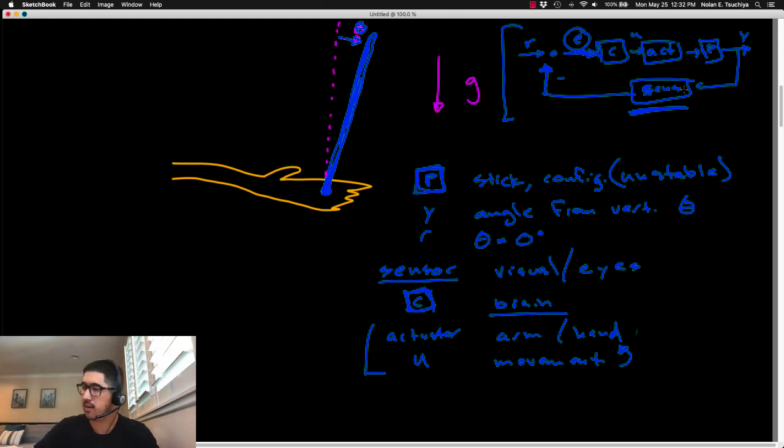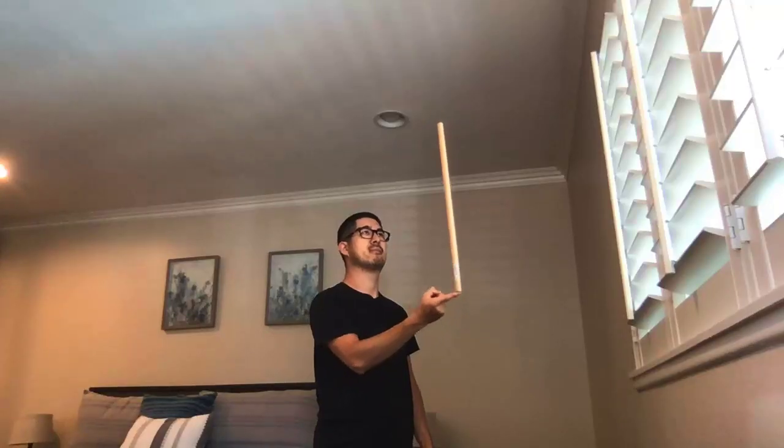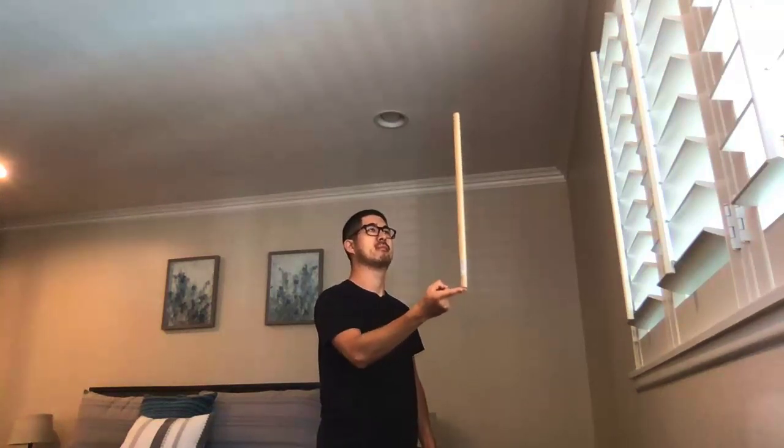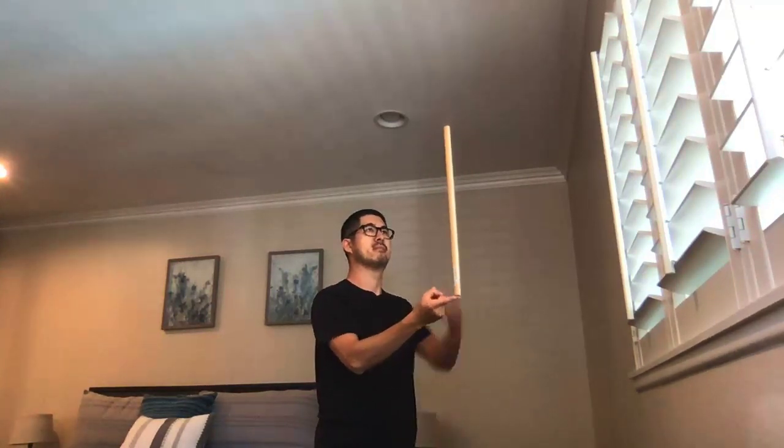The way I can eliminate the feedback path here is to basically cut the sensor. If I eliminate the sensor, then everything downstream of this input will also be eliminated, and therefore I will have no feedback path anymore. The way that I can eliminate the sensor in this example, all I have to do is to close my eyes.